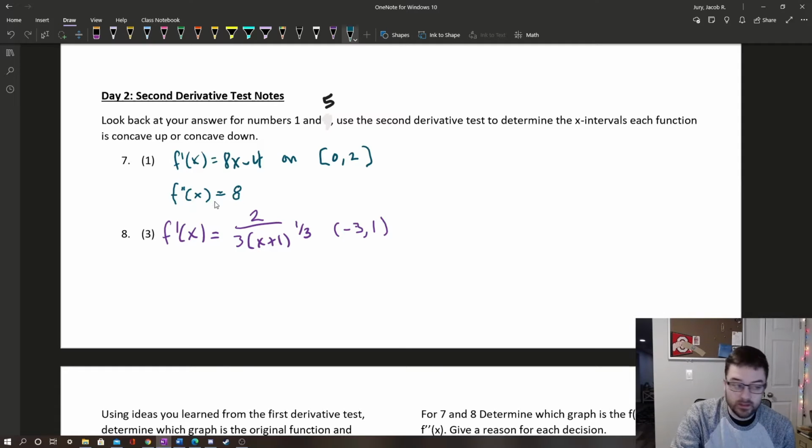This means our second derivative is positive. So that means f of x is positive, so it's concave up on the entire interval 0 to 2.